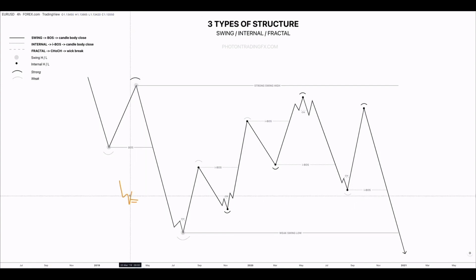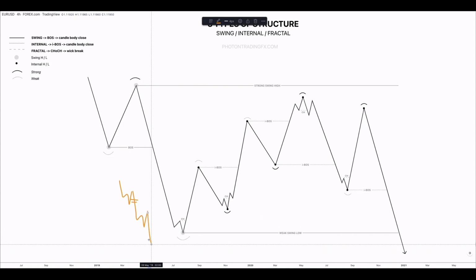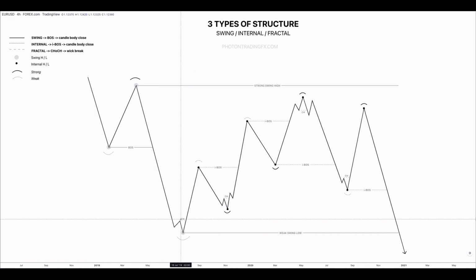But what can often happen, especially if price has a lot of momentum to the downside, is you can get stopped out. And again, we can have another bullish change of character and then we look to buy and you can get stopped out. You're trying to catch a falling knife and you keep getting caught out. You're seeing the bullish change of characters, but they're not following through, and the overall swing trend is too strong. And that's why I said change of character is very, very aggressive and it can catch you out a lot.